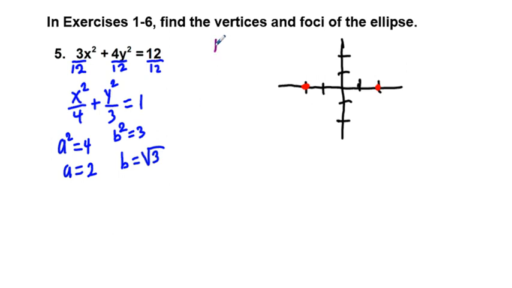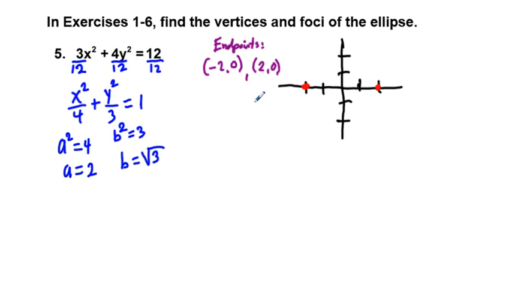And so our endpoints are going to be -2, 0, and also 2, 0.